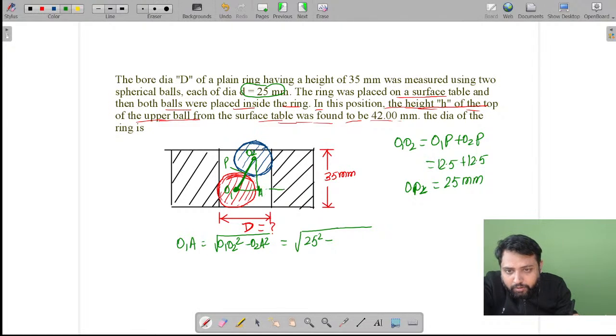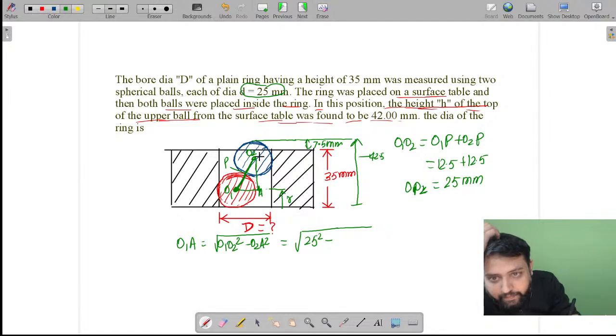You see, this much will be radius, and they said from here up to this is 42.5 mm, right? That means obviously this is going to be 7.5 mm.